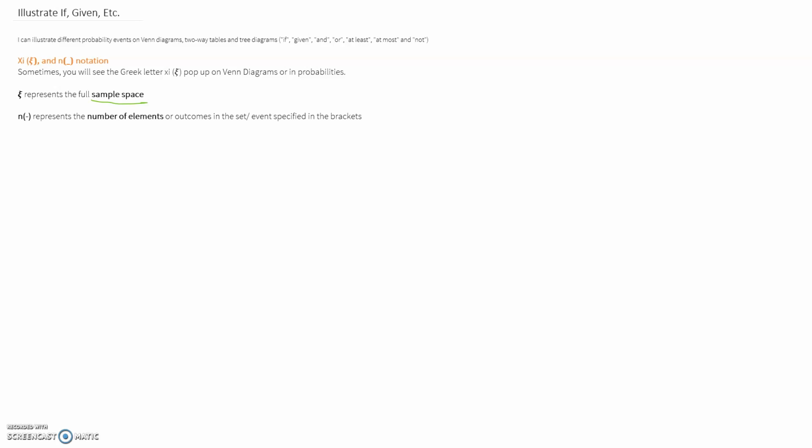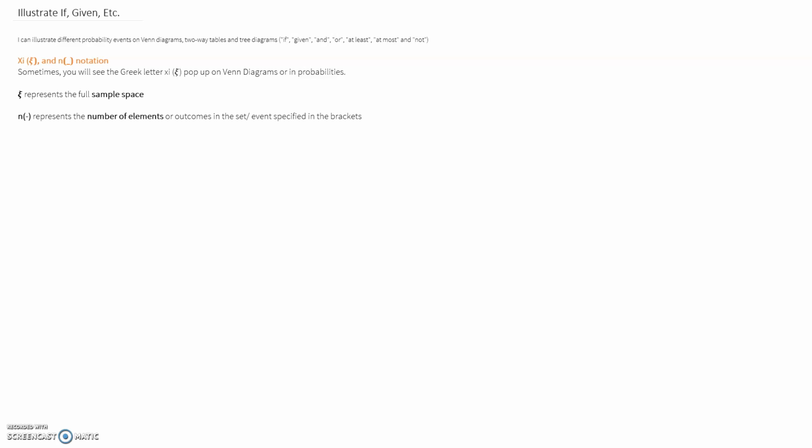On a Venn diagram, if this is event A and event B, we would draw xi here, badly drawn, to represent that this box encompasses the whole sample space. It just pops up occasionally in the notation, but it's nothing too important.